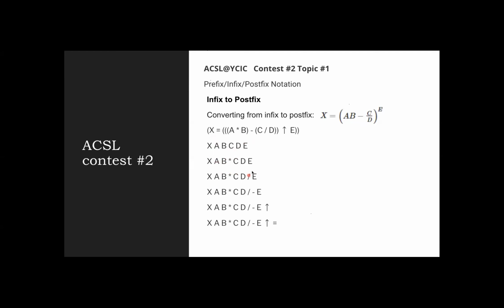And then we put the minus after CD, so it is AB, CD, minus. And then we have a power, which means the power of AB minus CD. Does anyone have a question on that? It's most likely the same, but we are looking the opposite way of the prefix.